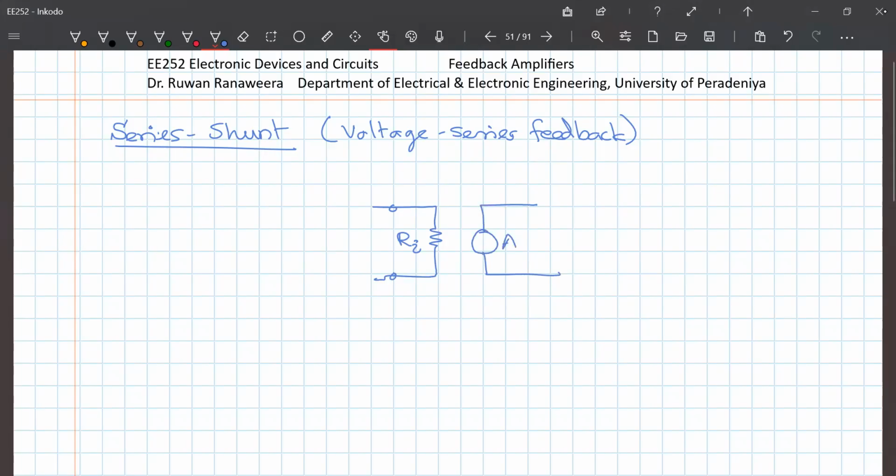This is AV times VI. This is VI. And then you also have the output impedance R out without feedback.